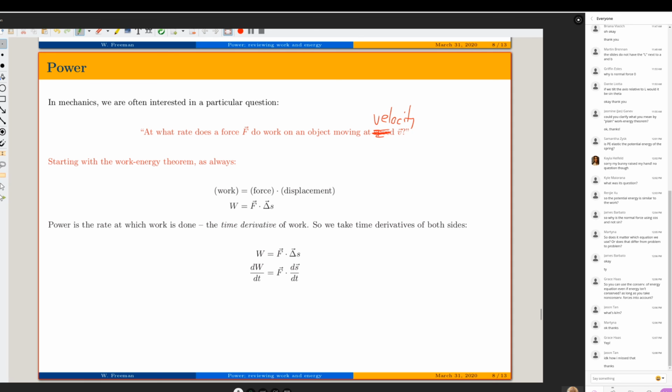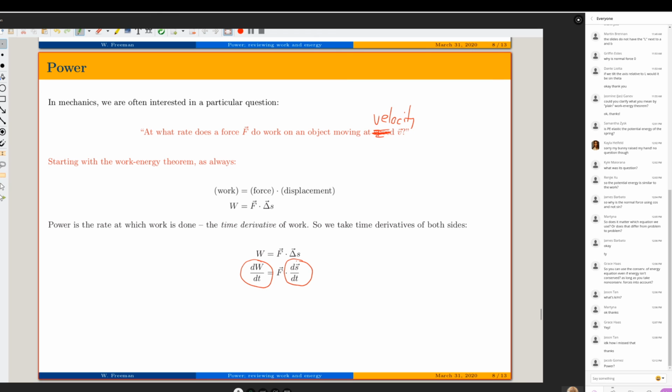Take the time derivative of the left-hand side, take the time derivative of the right-hand side. Force is constant, so what's changing over time is displacement. So what is the time derivative of work called? Somebody type in chat. Yeah, exactly. The rate at which work is being done, this is just power.